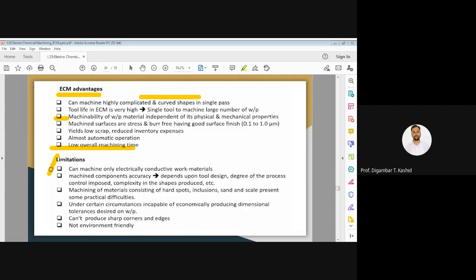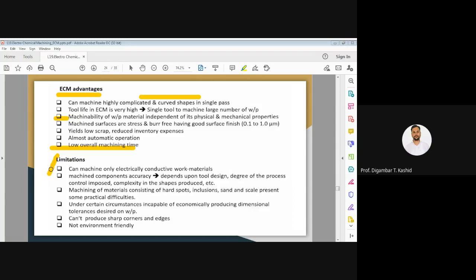On these parameters your machine component accuracy is dependent. Again, in machining of materials, the material may consist of hard spot inclusions, sand and scale, so some practical difficulties are there.